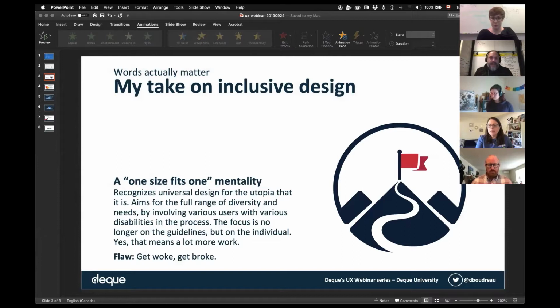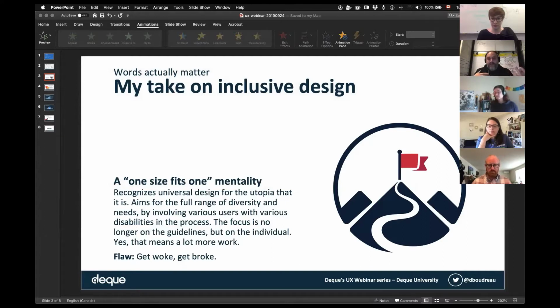where instead of thinking of it as a one-size-fits-all mentality, I'm looking at it from a one-size-fits-one mentality. And this idea of one-size-fits-all versus one-size-fits-one comes from Kat Holmes, who's been very much involved in pushing inclusive design further and way beyond the web, but I'm consciously keeping it to the web for now. In this case, what you're doing is basically going beyond what WCAG offers.